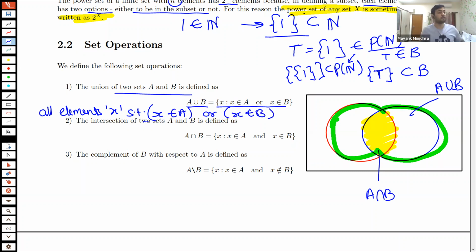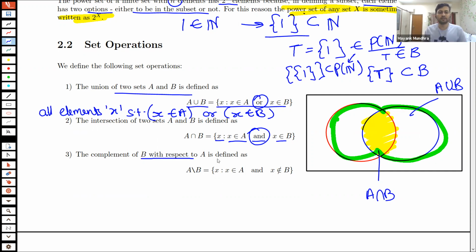It is a collection of all elements which are either a member of set A or a member of set B. Now intersection is basically all elements X such that X belongs to A and X belongs to B. The only difference between union and intersection is here: OR means union and AND means intersection.